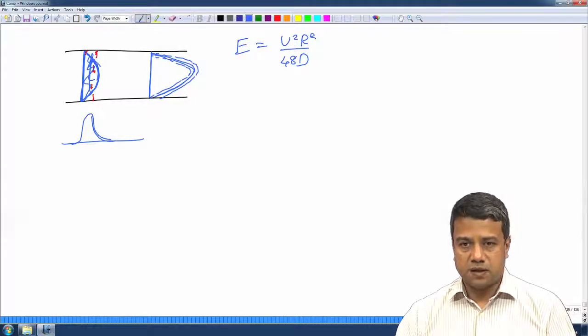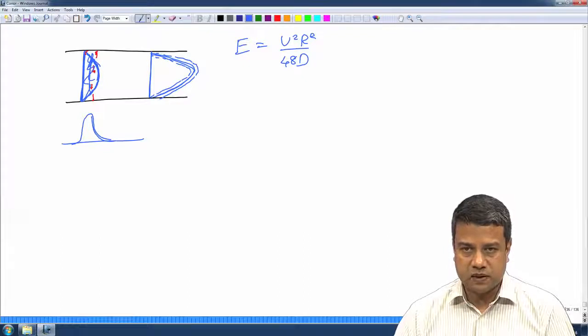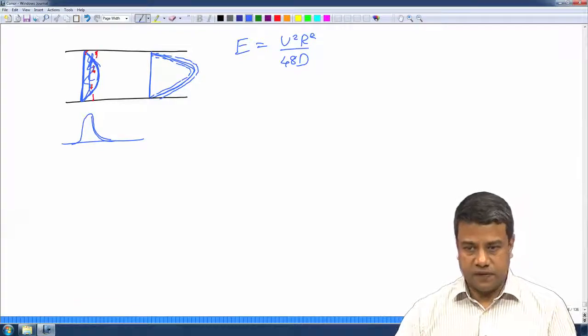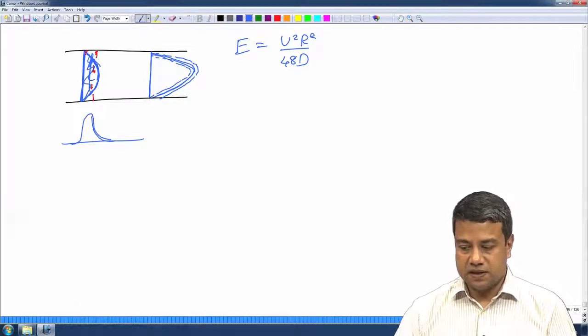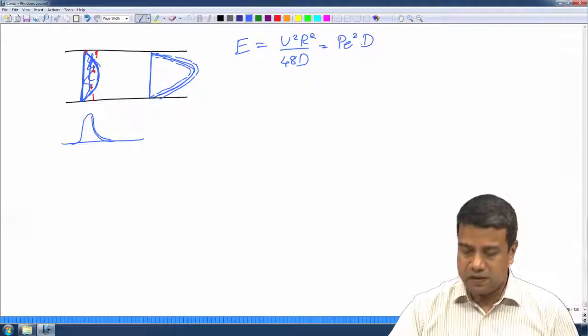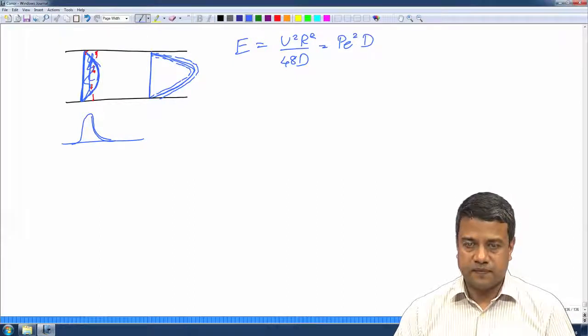So, this causes a significant enhancement in the mass transport rates, just as boundary layers had caused a significant enhancement of the order of Peclet number to the half in the mass transfer rates. This actually causes an enhancement that goes as Peclet number square, which is much faster in the axial dispersion itself.